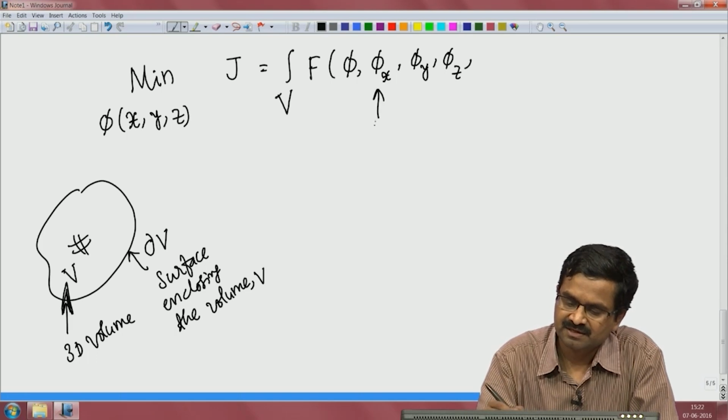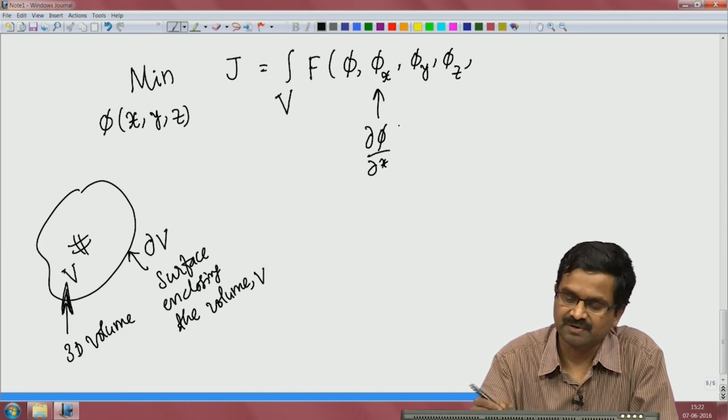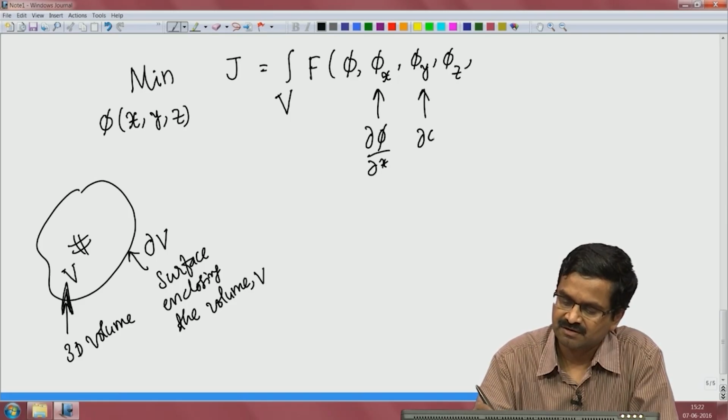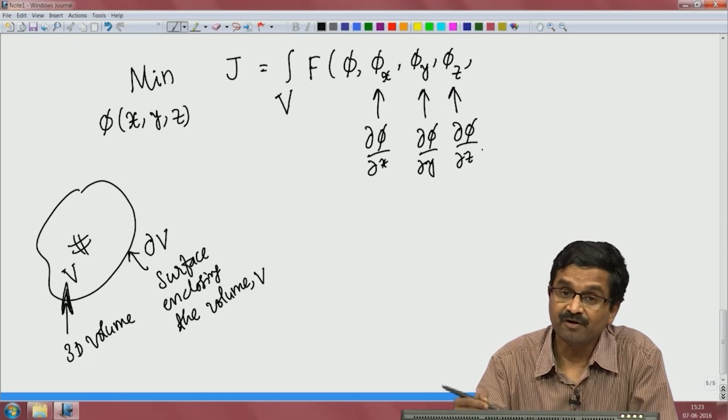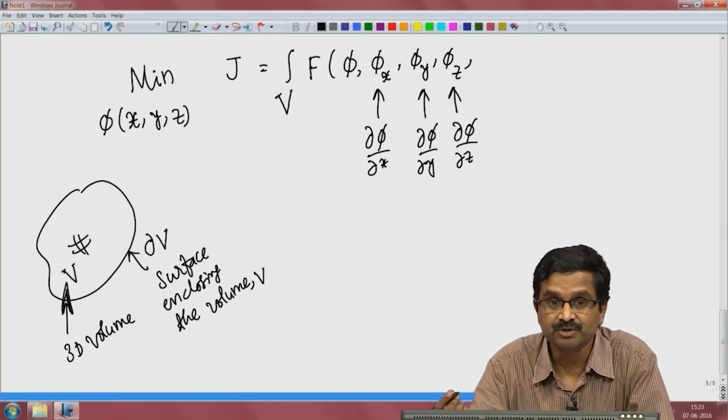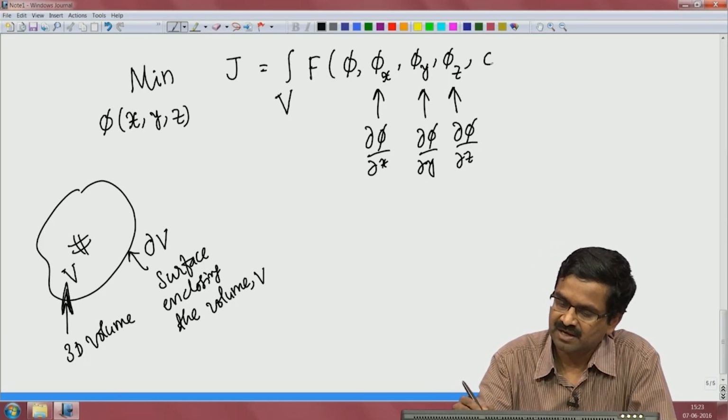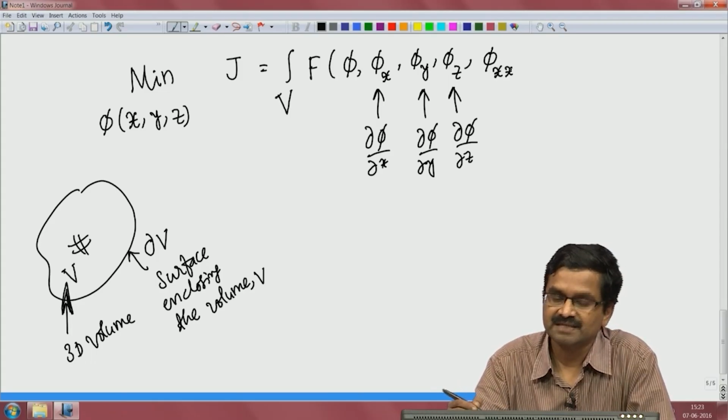It means that ∂φ/∂x, φ is a function of x, y, z, and this is ∂φ/∂y, and this is ∂φ/∂z. If I want, which we did not discuss in the 2D case, which you could as well, we can take the second derivatives also, φ_xx.